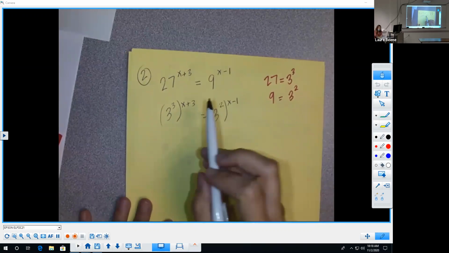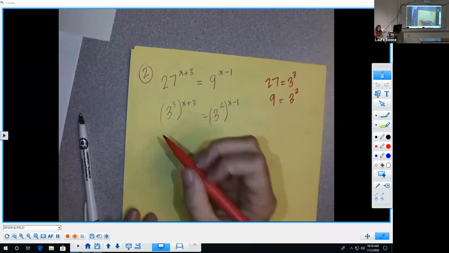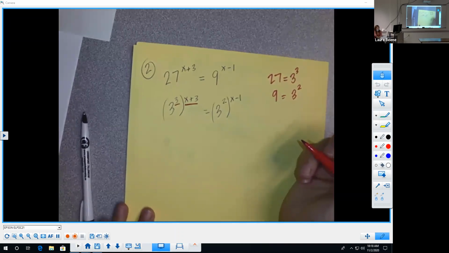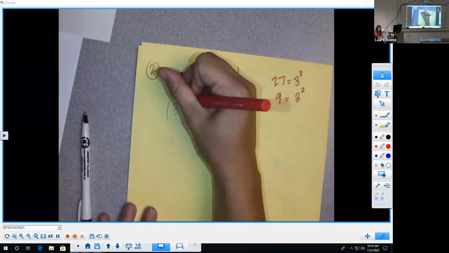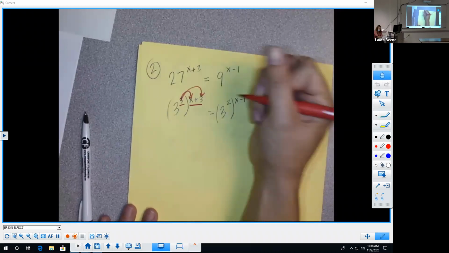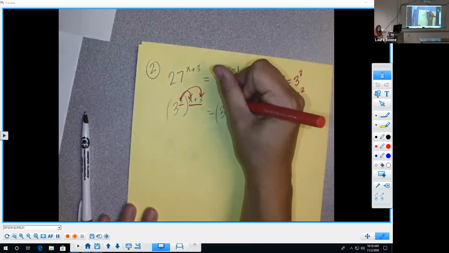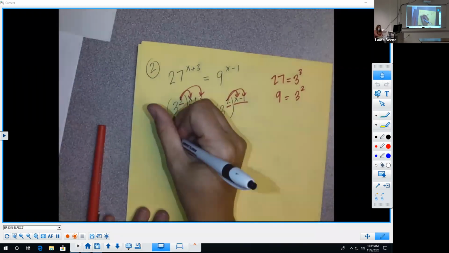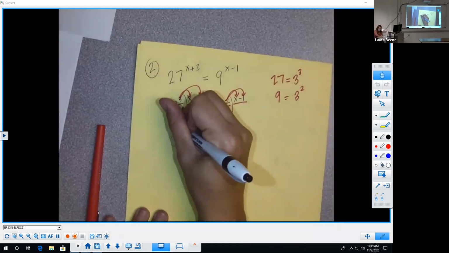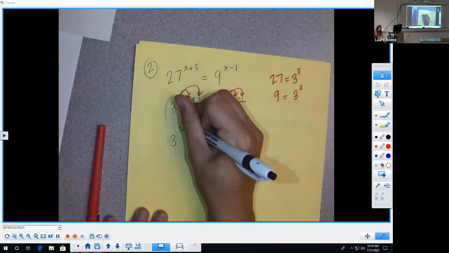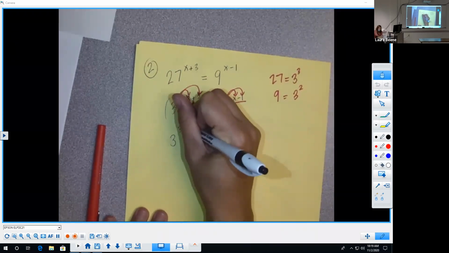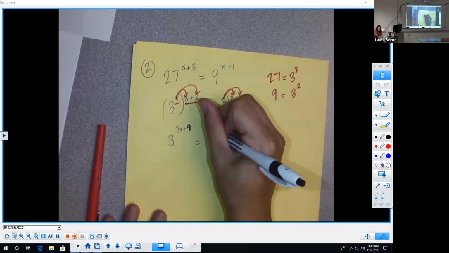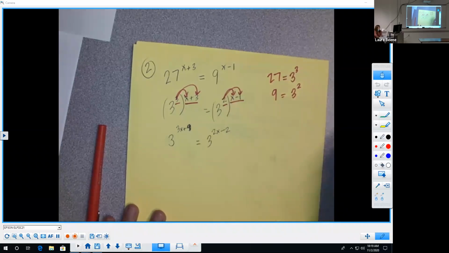Okay, from here, if I have a power raised to a power, what do I do with it? You're going to multiply it, right? So I need to distribute the 3. Same thing over here with the 2 and the x minus 1. So this is the same thing as 3 to the 3x plus 9 power equals 3 to the 2x minus 2 power.